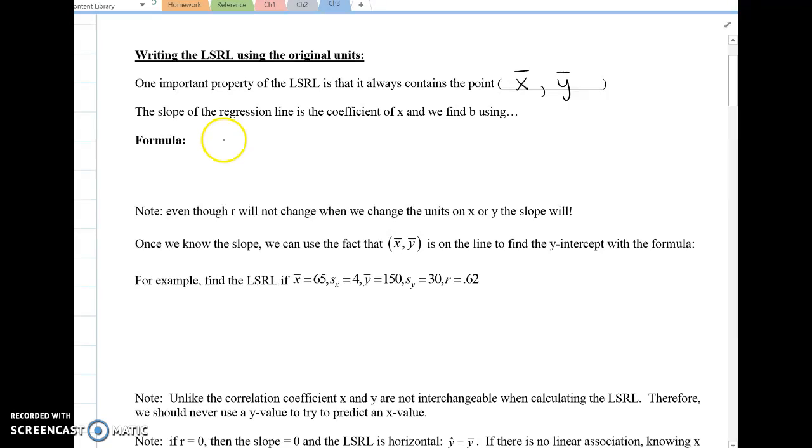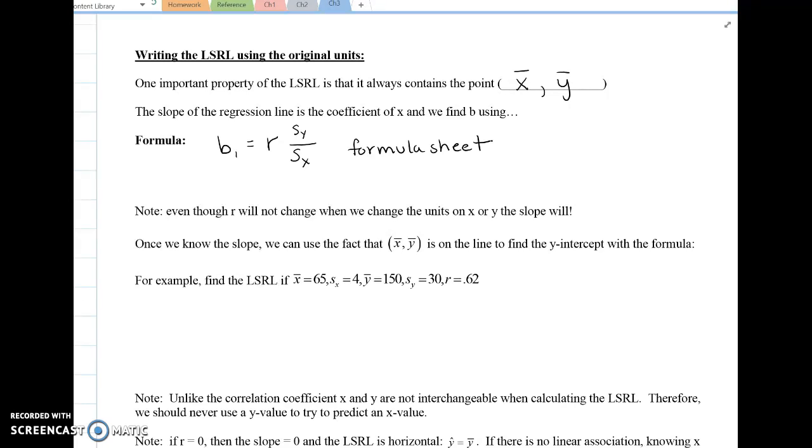So there's a formula, and it's on the formula sheet. b sub 1, that's the slope, can be found by taking the correlation r, which we're going to talk about today, times the standard deviation of the y values divided by the standard deviation of the x values. So this is on your formula sheet. These three things would be given to you somehow, either in the problem or in a printout.